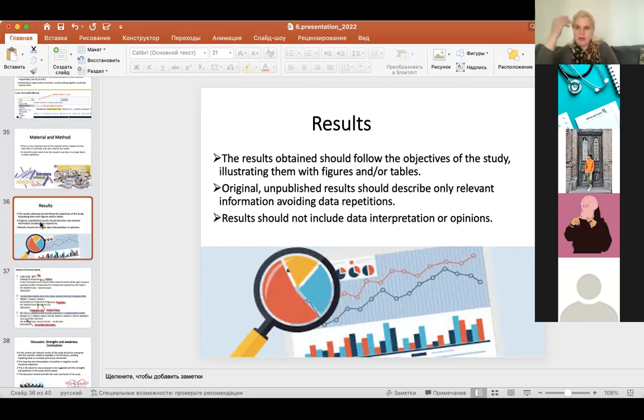But review articles sometimes have results, but sometimes in a review article, discussion is a very important part of the article. The results obtained should follow the objectives of the study, illustrating them with figures and tables and text.